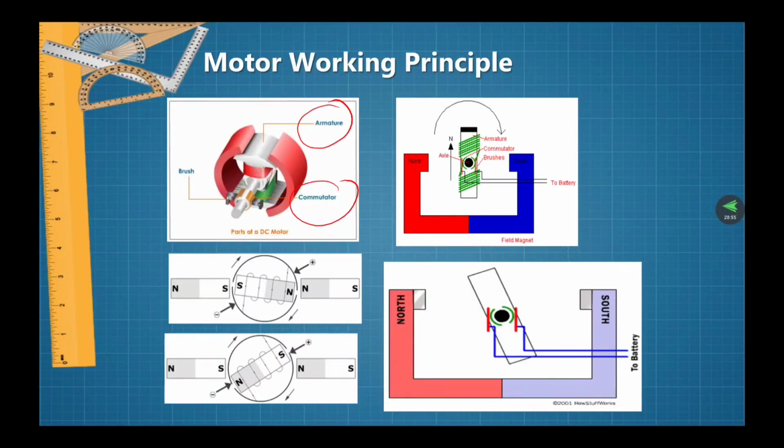The armature sits between the north and south poles of the permanent magnet or electromagnet.